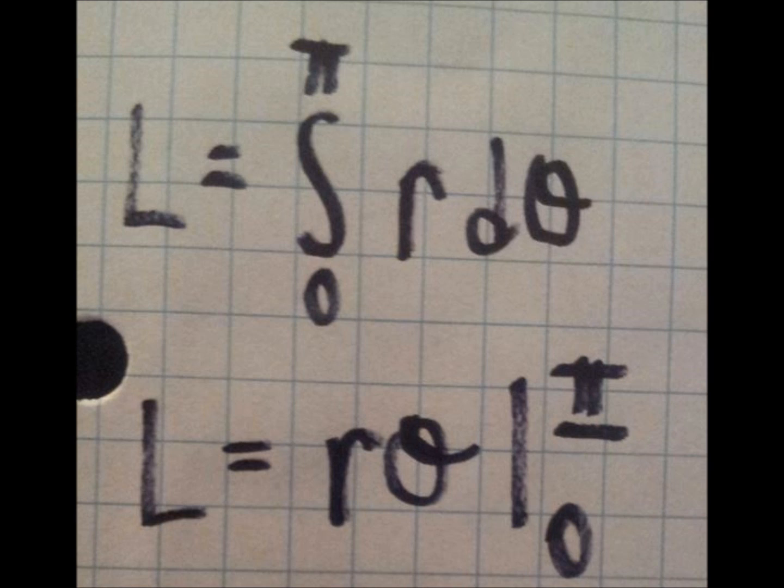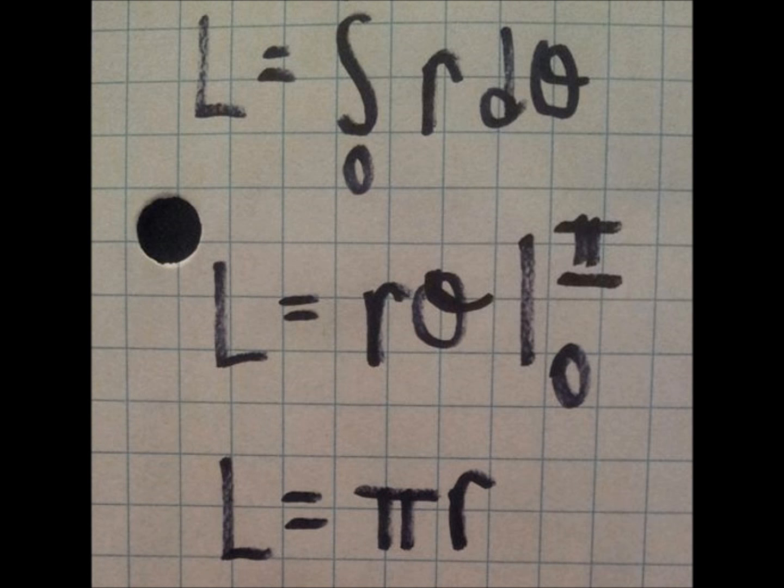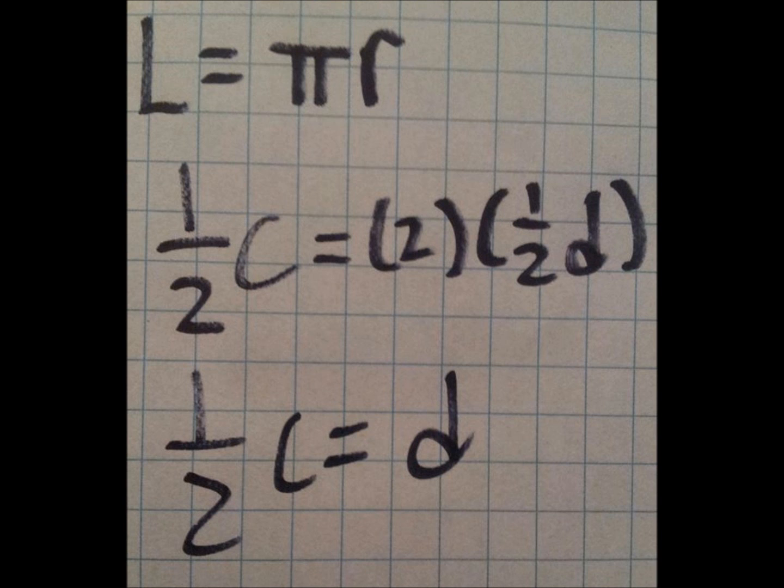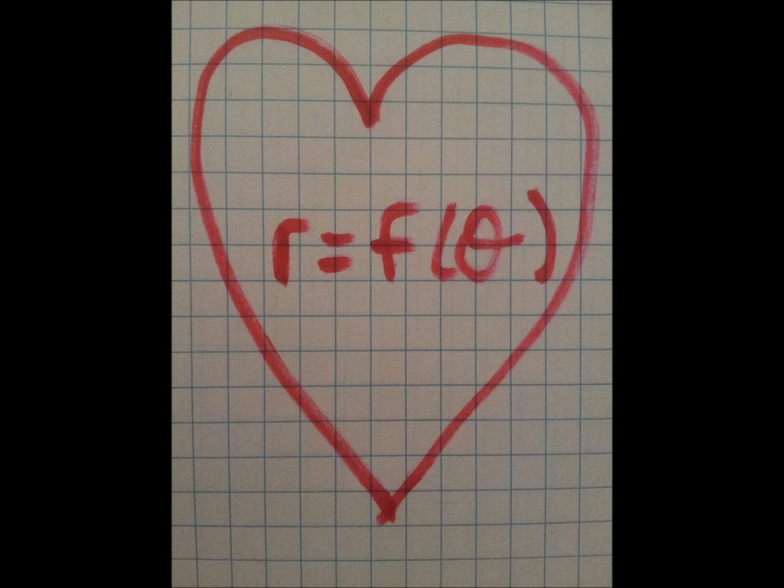And we do a few steps, remembering that this arc length is the semicircle, so it's half the circumference, that this r is equal to half the diameter, and that we're saying that pi equals 2. And then we work it out, and here we can see from the calculus that half the circumference is equal to the diameter. And this is one reason why I love polar coordinates.